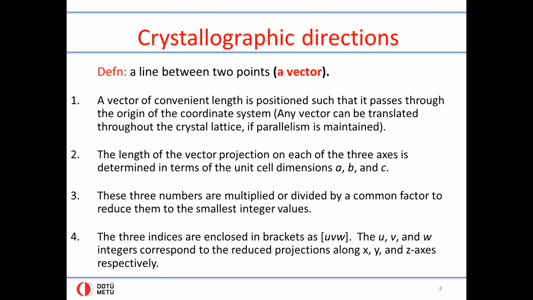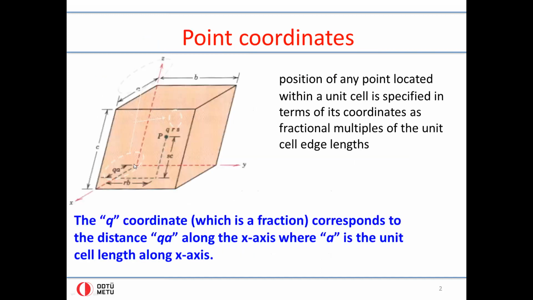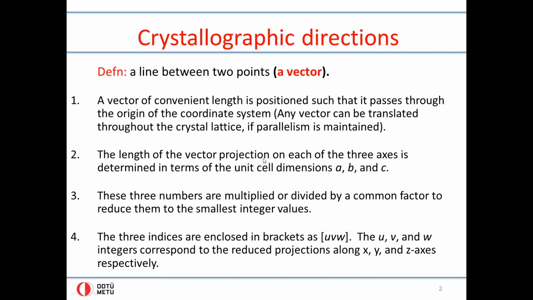And so to define the direction between 2 chosen points, the question might be, give me the name of the direction from this point to this point across the body diagonal. So from this point to this point, you draw a vector that goes from that point to the other, and then you check that it passes through the origin. So in that case, it does pass through the origin.